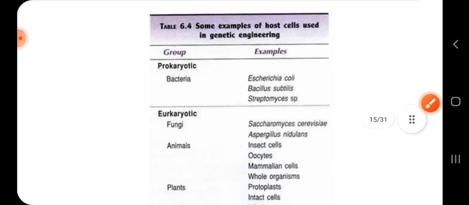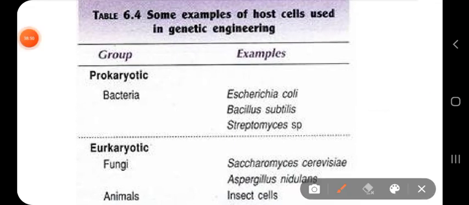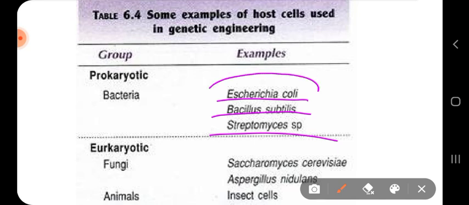Let us see. Normally, if you want to use bacteria as host cell, then you can go for Escherichia coli, also called E. coli. You can use Bacillus subtilis or Streptomyces species. Care has to be taken so that the E. coli should not be of a virulent strain type, because some strains of E. coli are extremely dangerous.